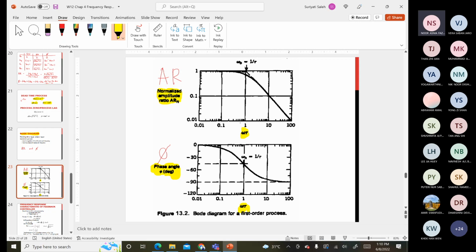For example, in this case, you have 0.01, 0.1, 1, 10, 100. This is your example of the frequency.